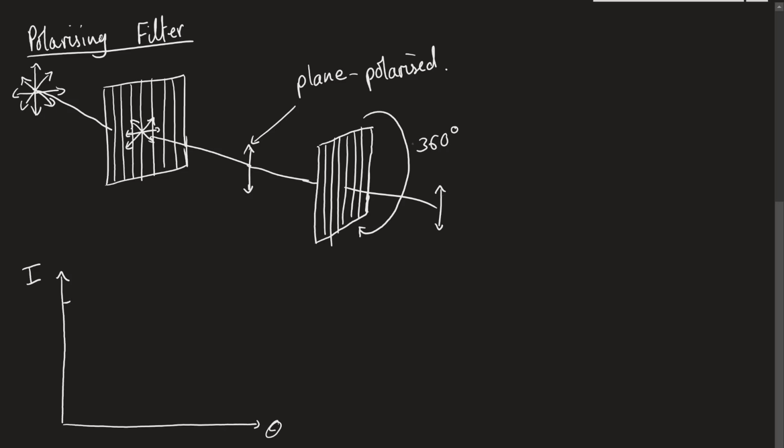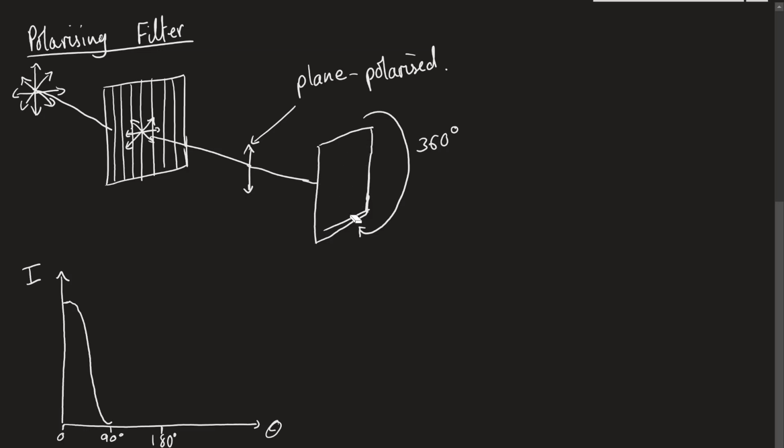As we start to rotate this, if we rotate it through 90 degrees, it then becomes horizontal. And when it's horizontal, we then can't have any light pass through, so our intensity falls to 0.